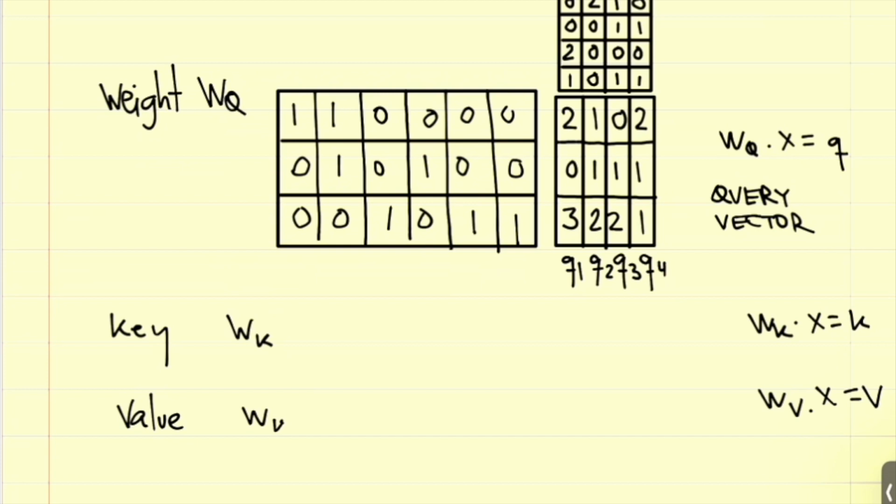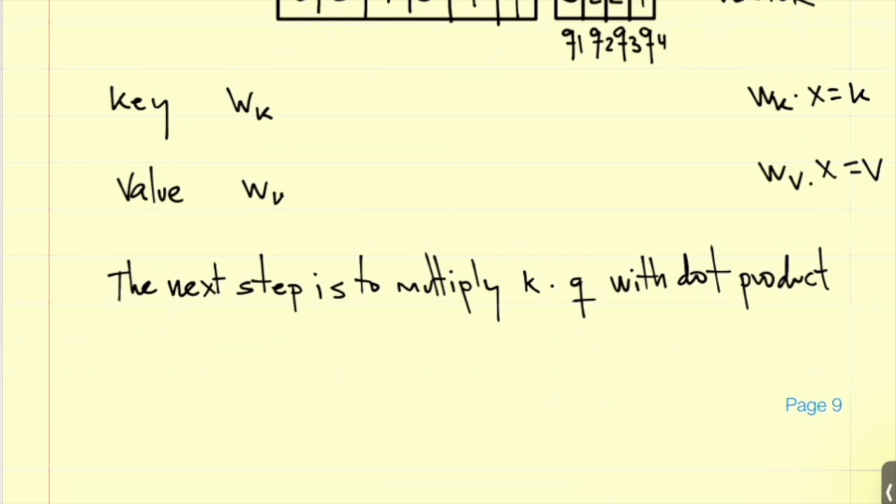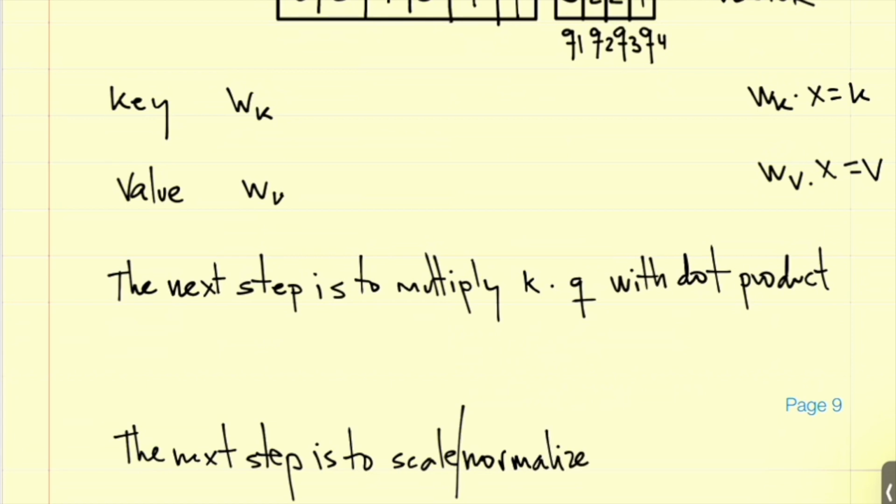So the next step is to multiply K with Q, with dot product. Then the next step is to scale or normalize each element.